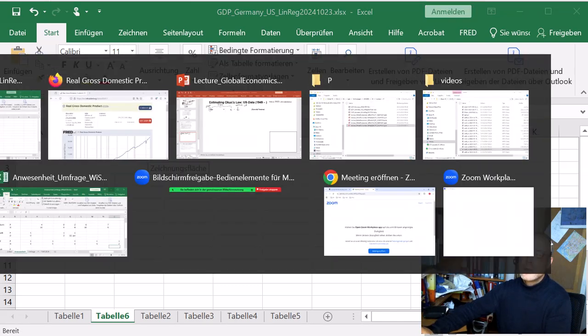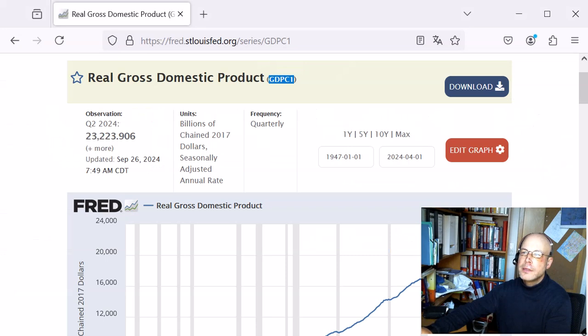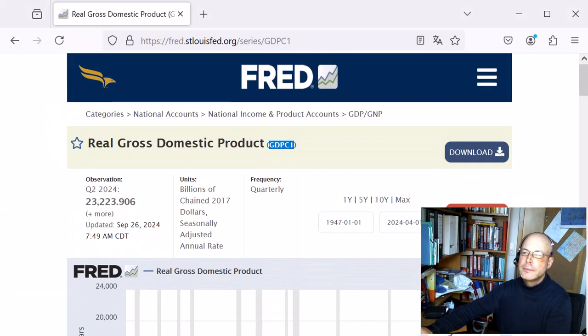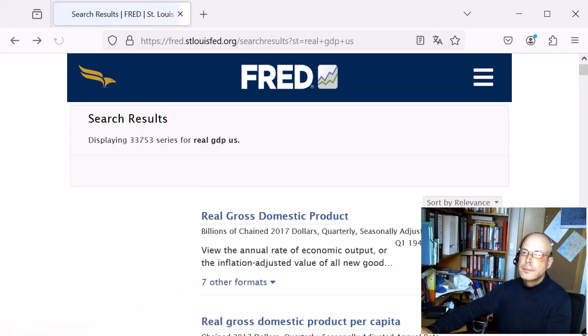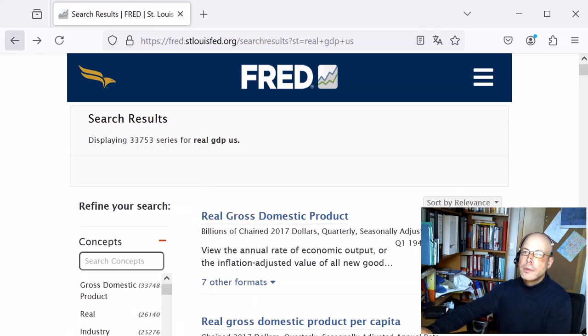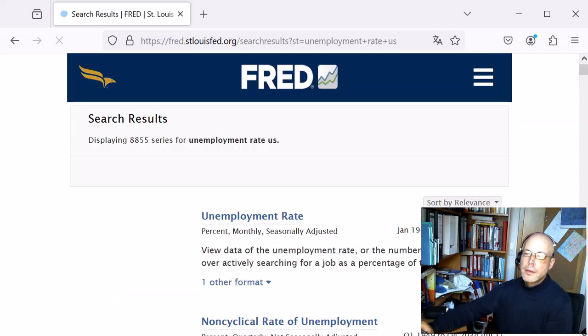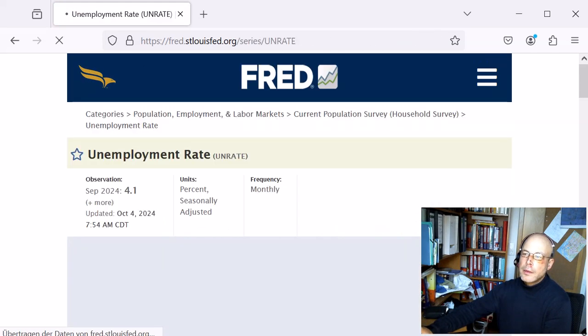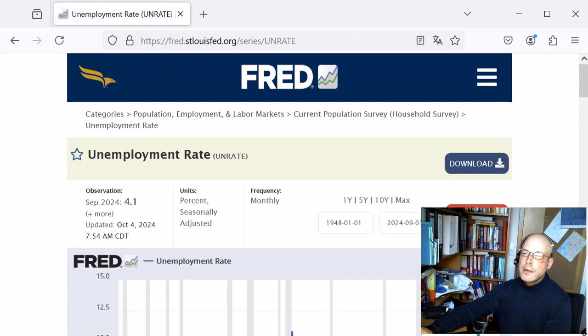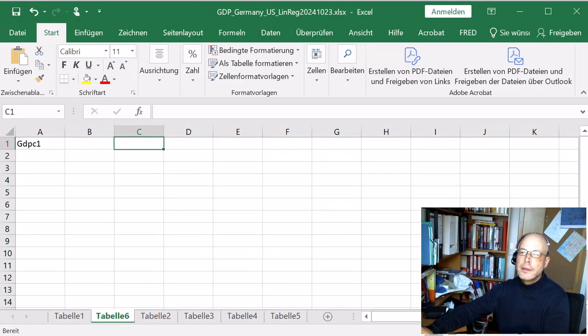And what we also have is unemployment rate. And here you see the shortcut is UNRATE. Oops, this is too large.